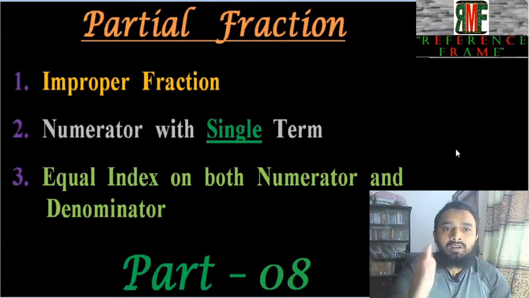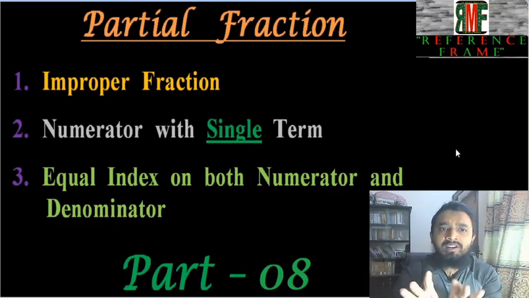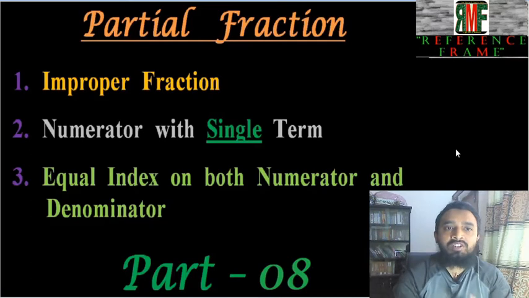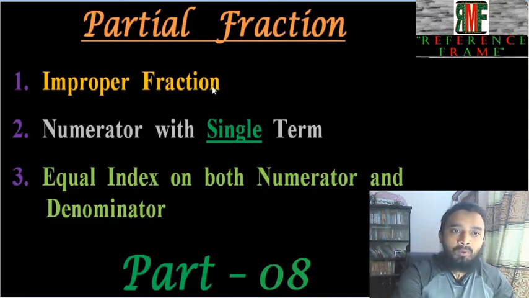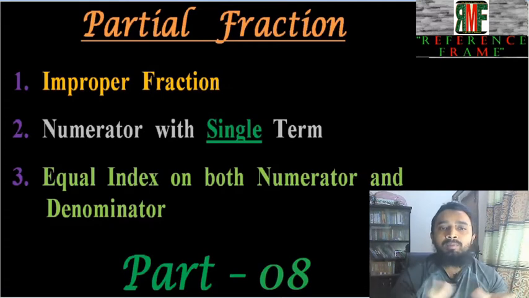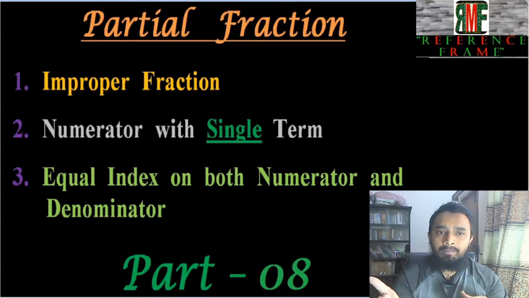The numerator could have a single term, or it could be more than a single term, 2 terms, 3 terms, whatever it is. That is not the vital fact here. The vital fact is the function must be improper. That means the second point is an equal index on both numerator and denominator. Here the index could be equal or could not be equal. That doesn't matter, you just need to focus on the example.